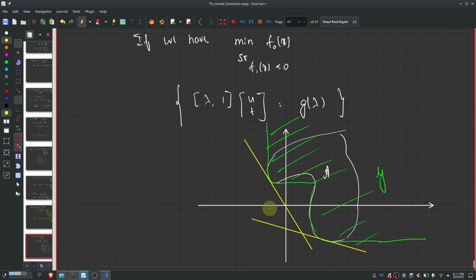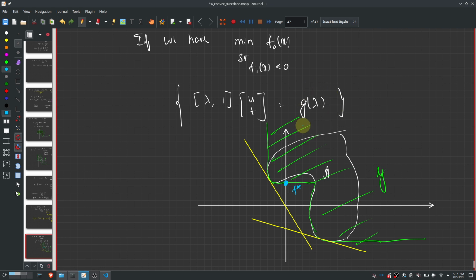You can have different supporting hyperplanes. Right? In all of this, what we have to just keep in mind is that the minimum value, that is our f star, this is our f star. Right? Let's just keep that in mind.